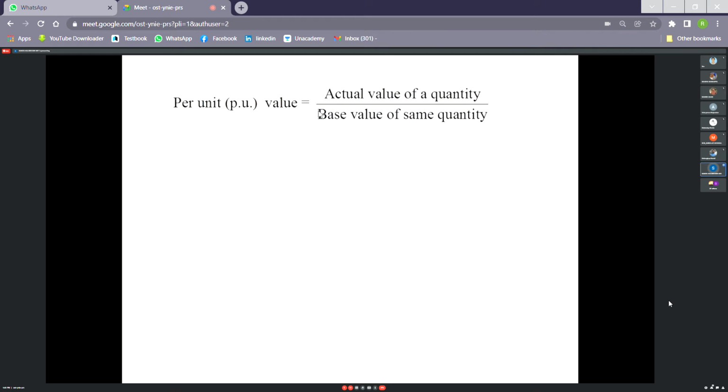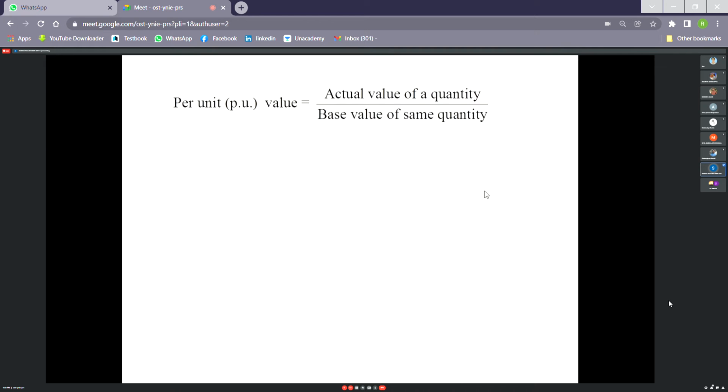We never see in the Indian system a bus voltage of 10 kV or 15 kV. Generator maybe, for design reasons. But for the power system buses, the voltage is 11 kV. So 11 kV is the preferred voltage or rated voltage of a particular bus.